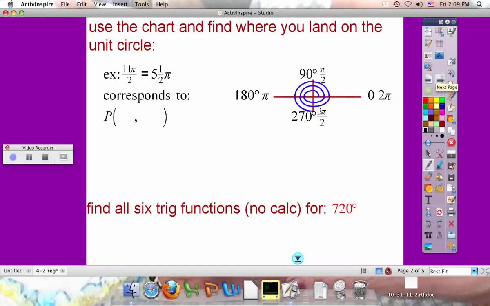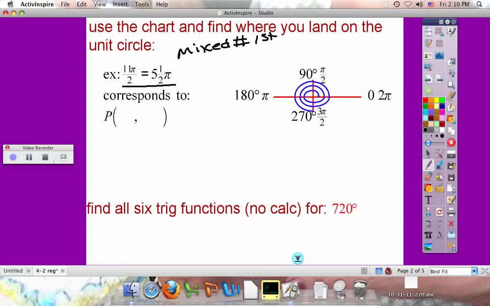Using the chart, the circle chart that I've given you guys, you can come up with any one of these that you want and look them up, any XY coordinates. But you first have to figure out where you land. 11 over 2 pi's. Change it to a mixed number first. Then you have to go around the circle 5.5 times.